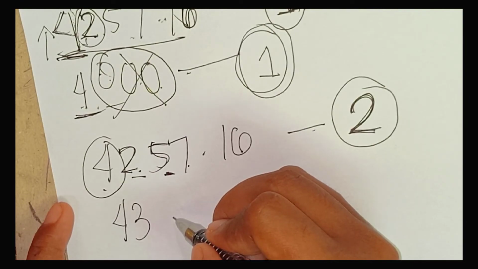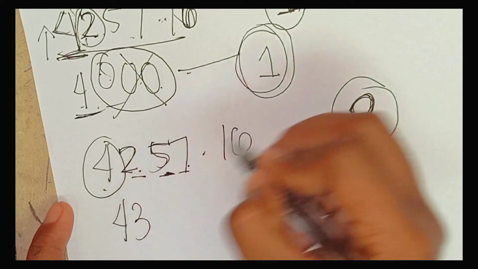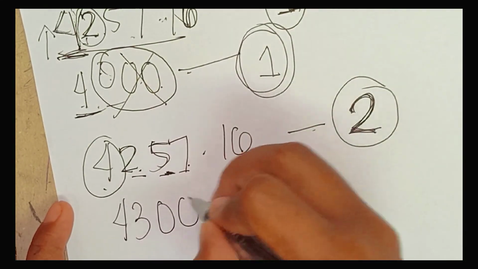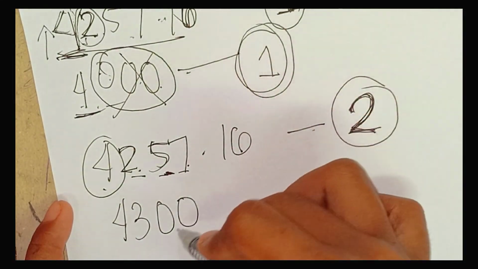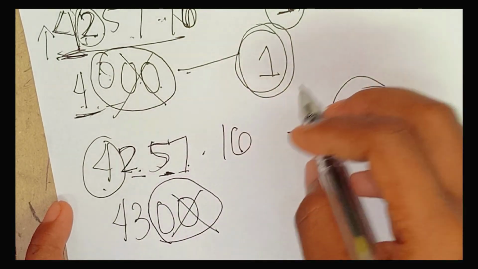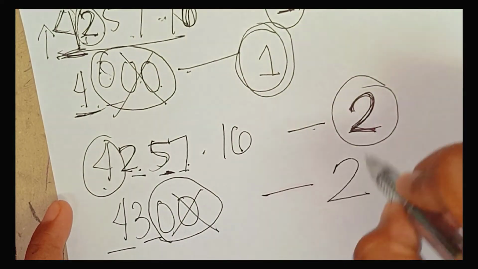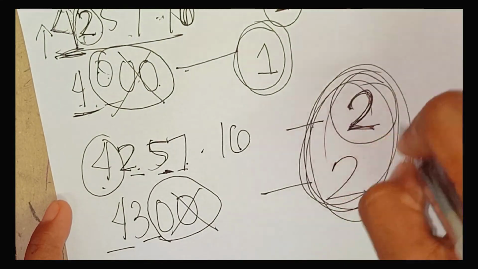We need 2 sig figs, so everything else is 0. Since these are trailing zeros, they are not counted as significant figures, so we have only 4 and 3. We have 2 significant figures.